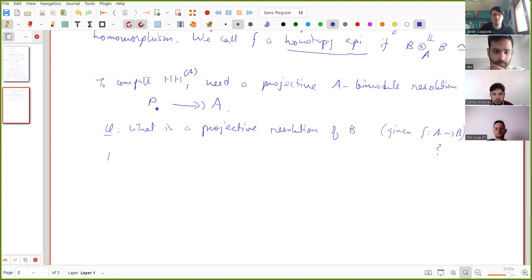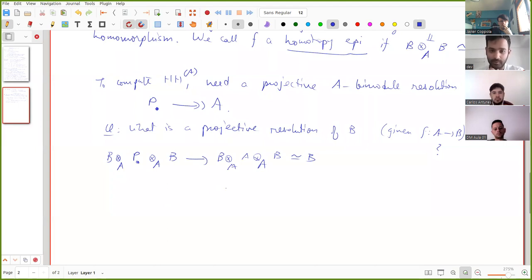You might do a trick, which is you might just base change, and if you do this base change, then the A's cancel out, so you just get B. Now the problem with this base change is that this is not necessarily a resolution.